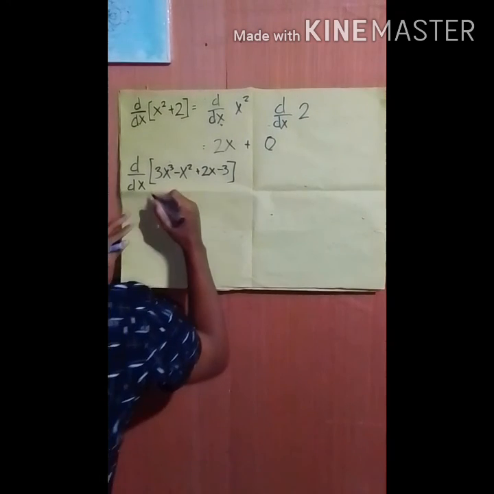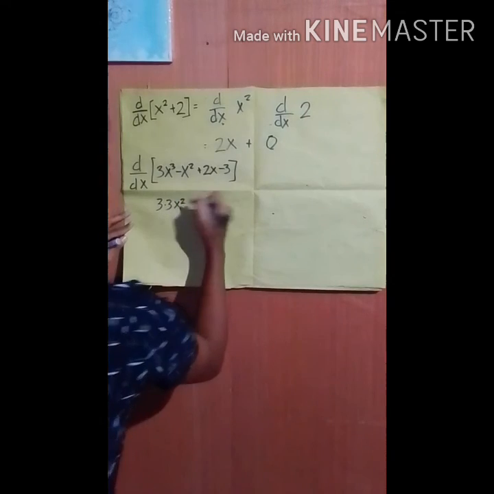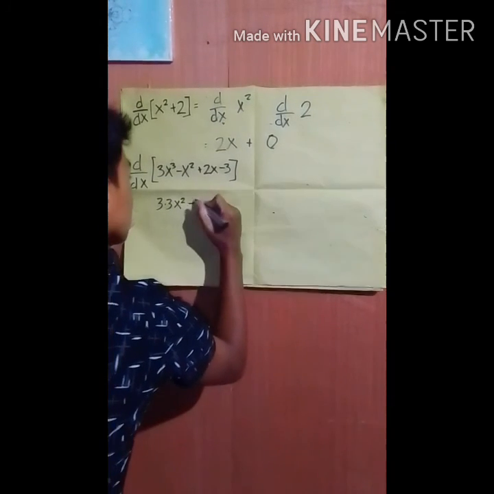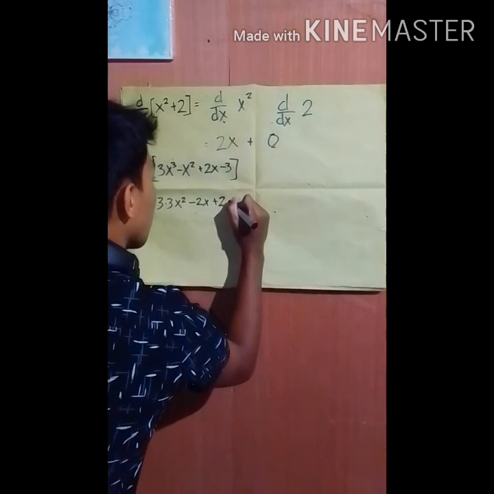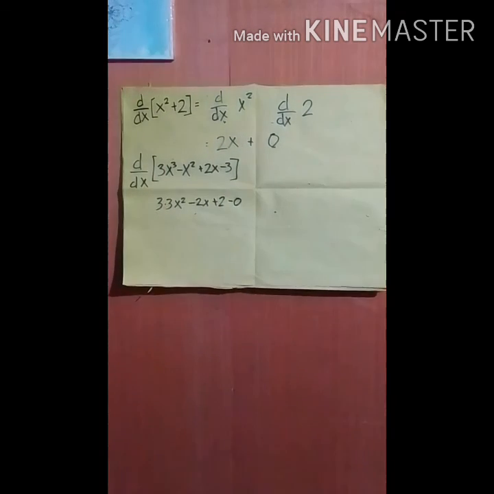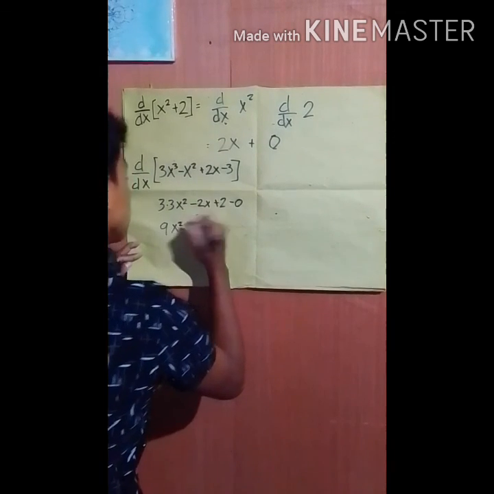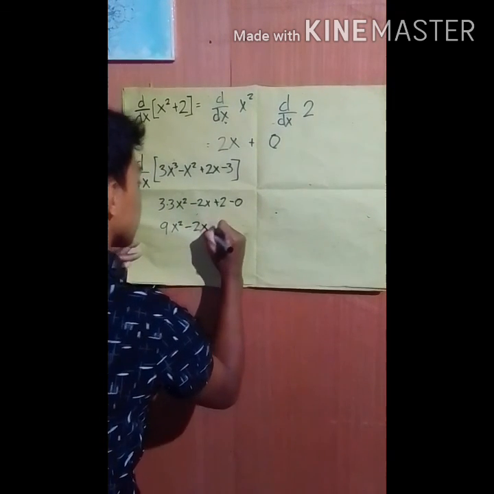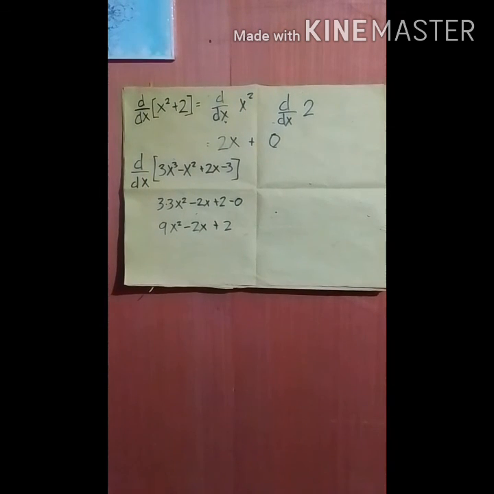This is 3 times 3x squared minus 2x plus 2 minus 0. So get the answer: 3 times 3 is 9. Copy the x squared minus 2x plus 2. So that's how we take the derivative using the sum and difference rule.